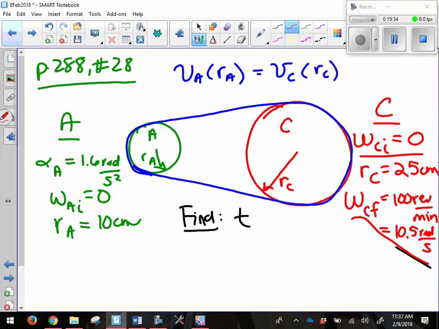So again, what kind of equation is percolating through your head here? Okay, so omega C final would be omega C initial plus alpha C times time.